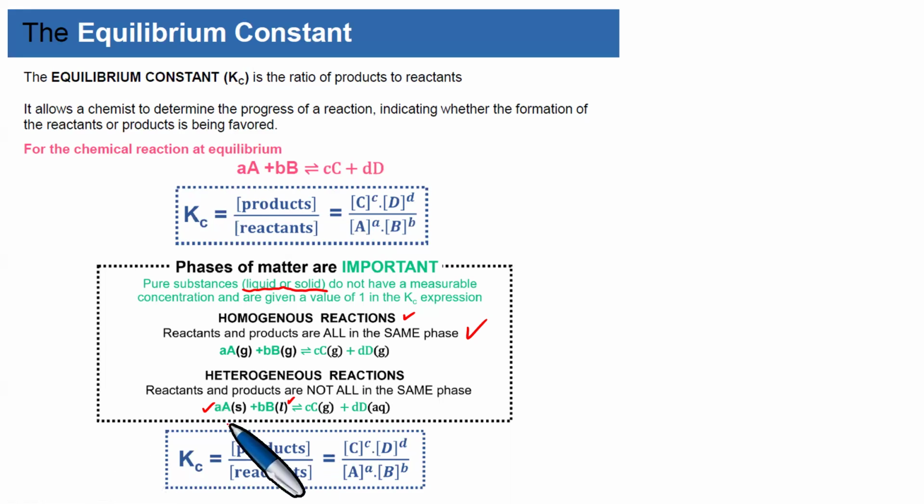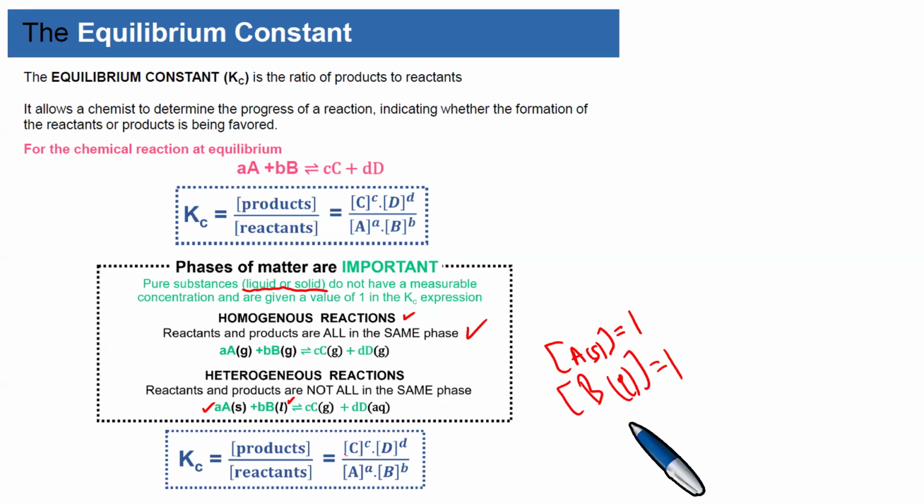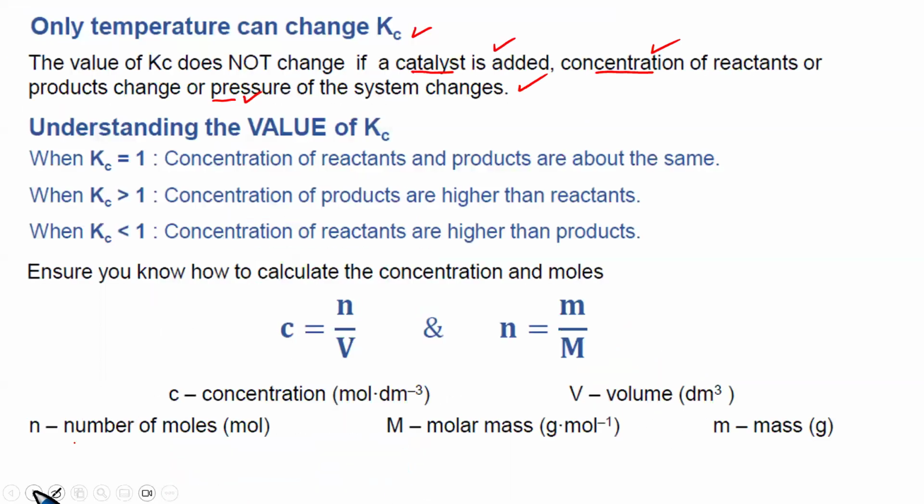But my point is, we would say at this point, the concentration of A as a solid is 1. And the concentration of B, we are sure, because it's a liquid, is 1 as well. Okay, so that's what we're saying. We're going to look at it in more detail as we look at the exam questions, but just take note of that at the moment.